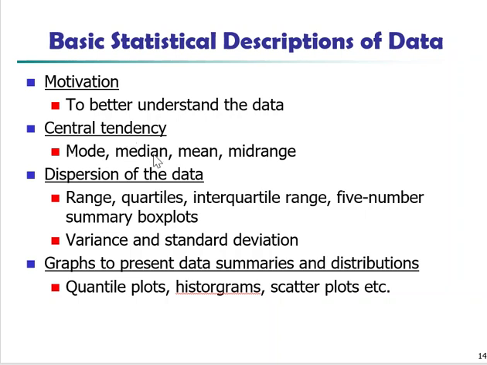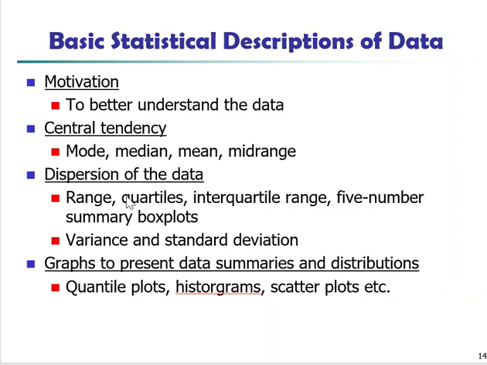There are sets of measurements, mode, median, mean, mid-range, that can describe the central tendency of the data. What are the most commonly occurred value in this data set, for example?